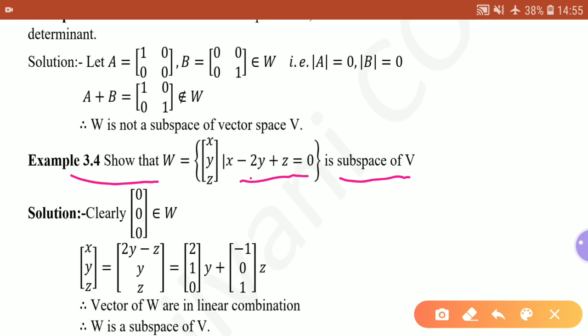So clearly 0 will belong to that W, because it satisfies this condition, 0 minus 0 plus 0 equal to 0. So the vector (0, 0, 0) belongs to W, which means W is a non-empty set. For proving that it is non-empty, you need to check whether 0 belongs to that particular set. That's it.